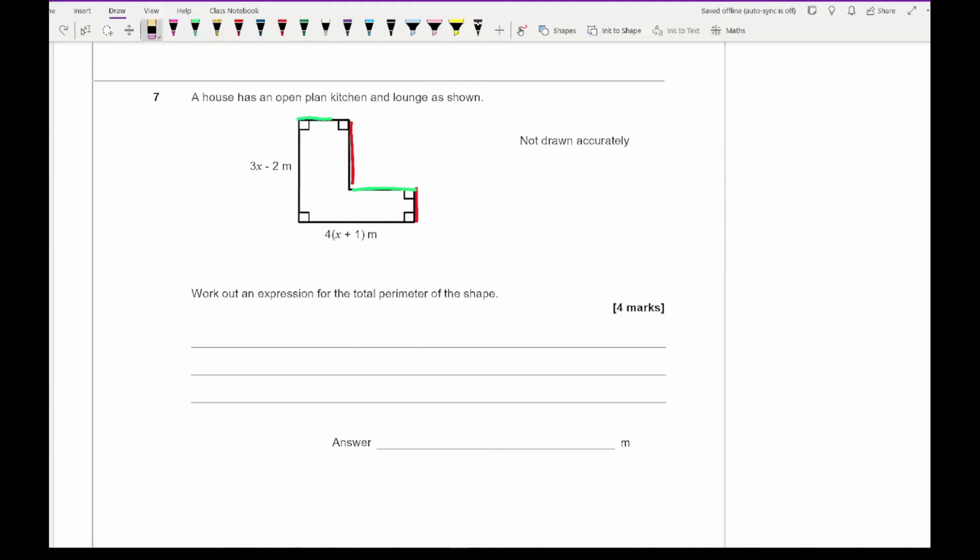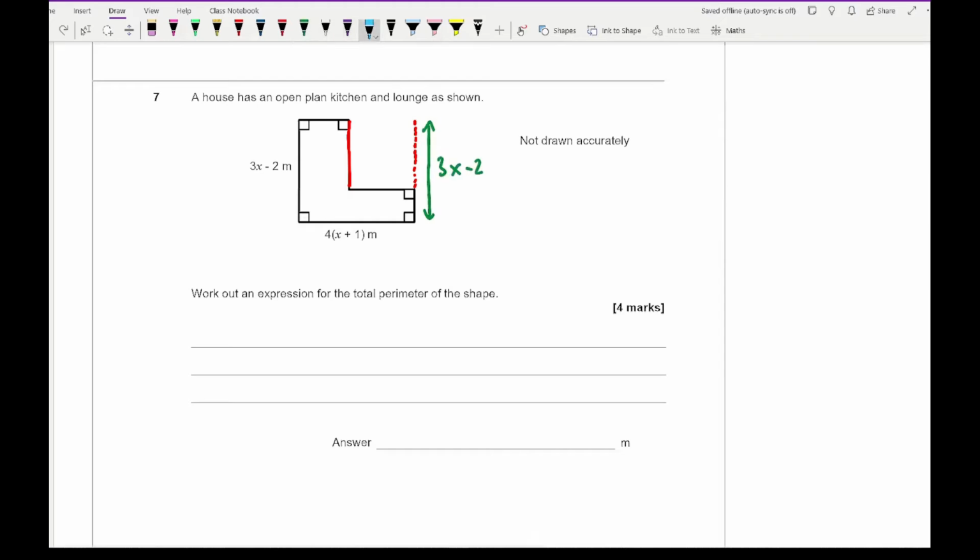Now that doesn't actually make a difference, and the reason for that is because if I took this line here and I just moved it here, then that dotted red line is the same as that solid red line, and all of this length here is 3x minus 2.